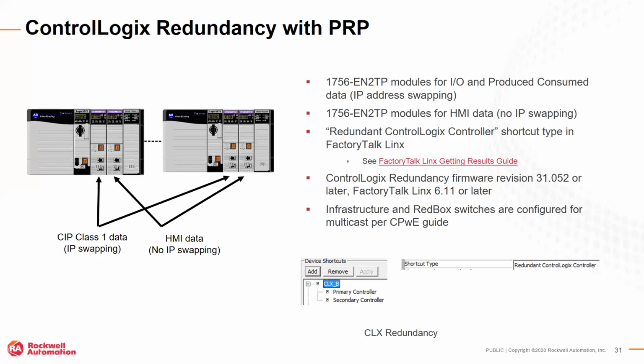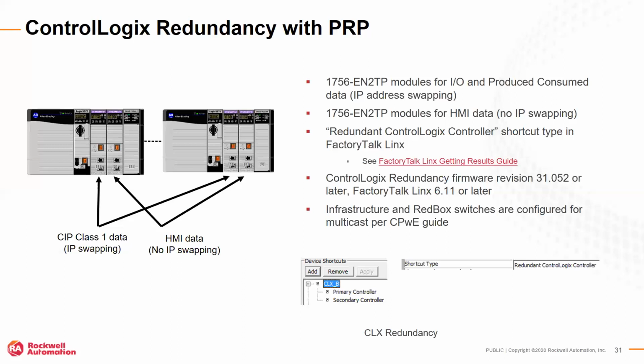The IO network, or the CIP Class 1 data, needs to support IP swapping so you can have a seamless transfer if you did have a swap over between controllers. However, the HMI data doesn't need that functionality because it just needs data flow. It doesn't need that precise class and is not as high a priority.